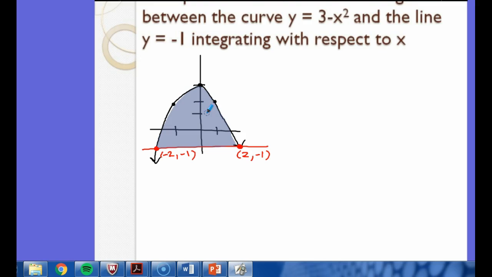So if I found the area with respect to top minus bottom, what's my top? And then my bottom would simply just be -1, right?